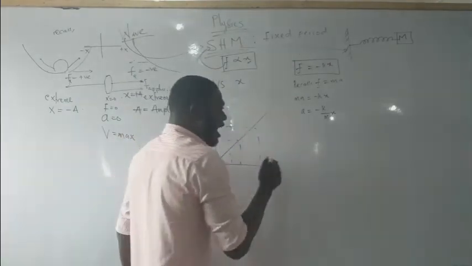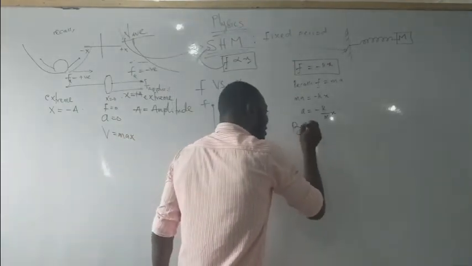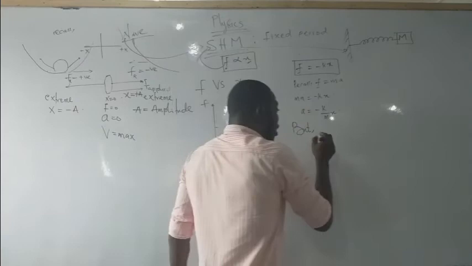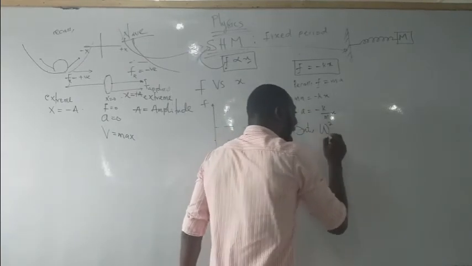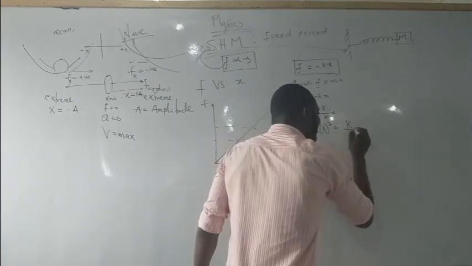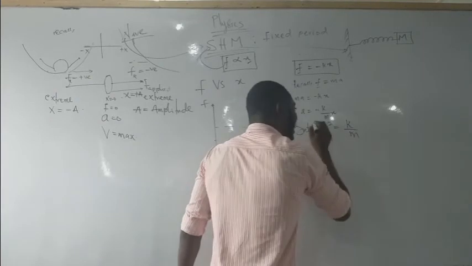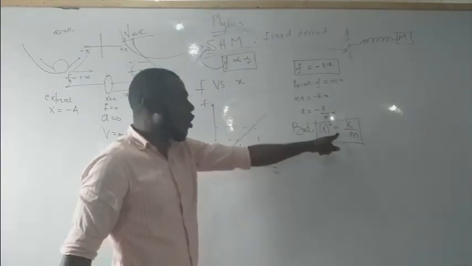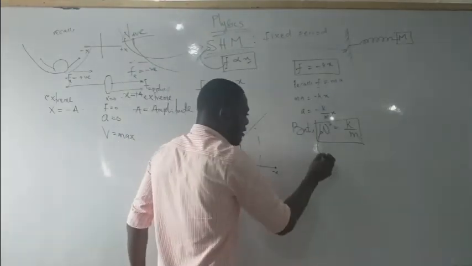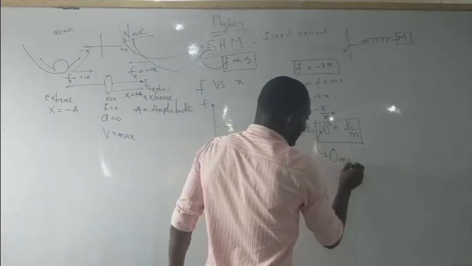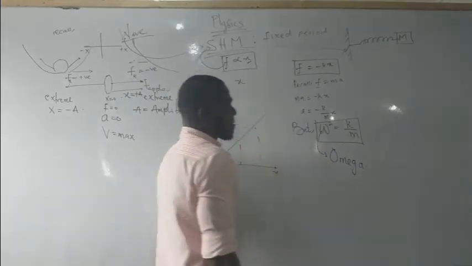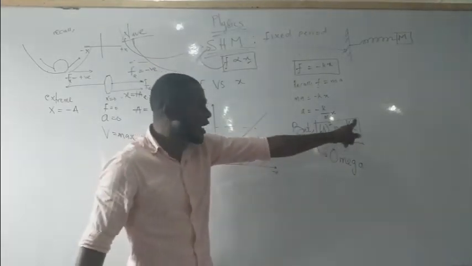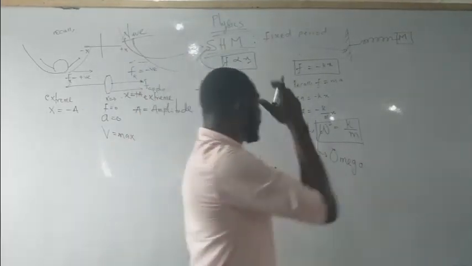Okay? So we know that omega squared is equal to k upon m. Take note. This is called omega, that's the name of the symbol. Omega squared equals k upon m.